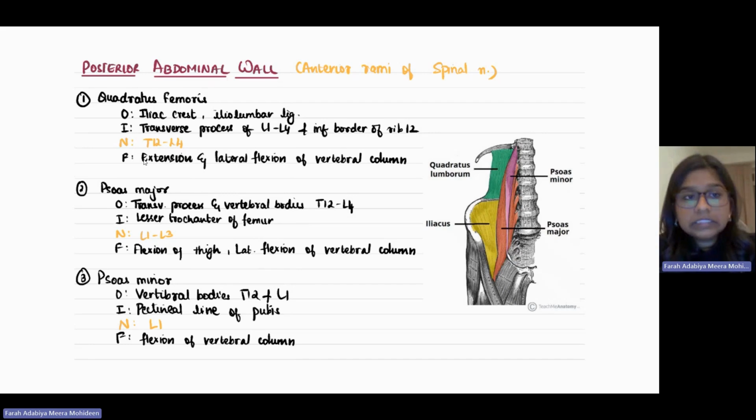And the major function of these muscles, all these posterior abdominal wall muscles, is the flexion of your vertebral column. The psoas major also involves itself in flexion of your thigh. Now you can see all the muscles here.